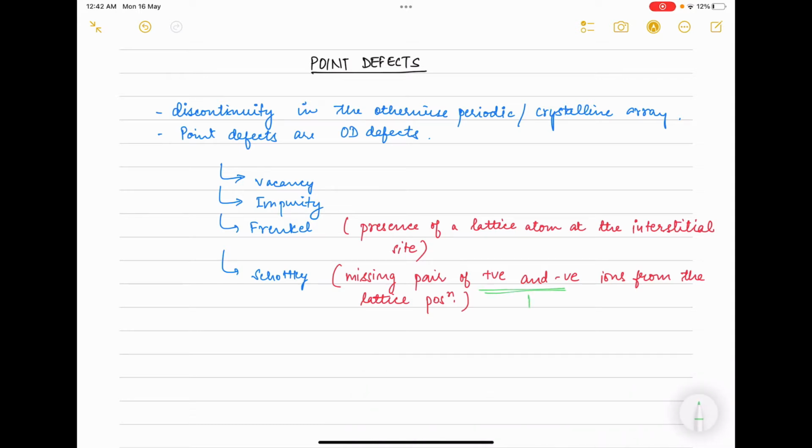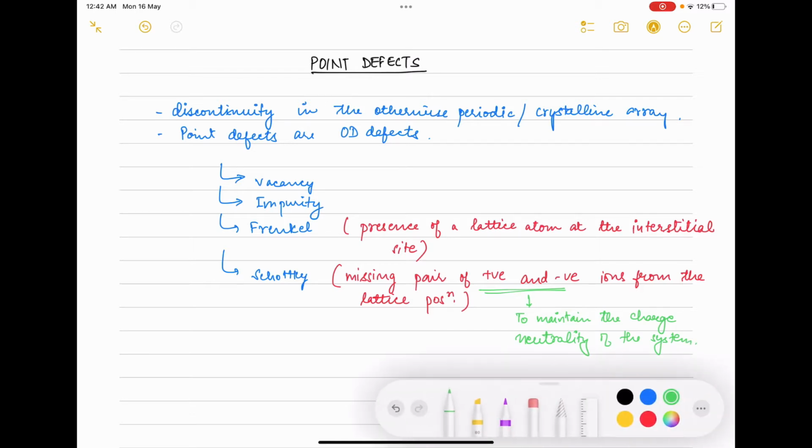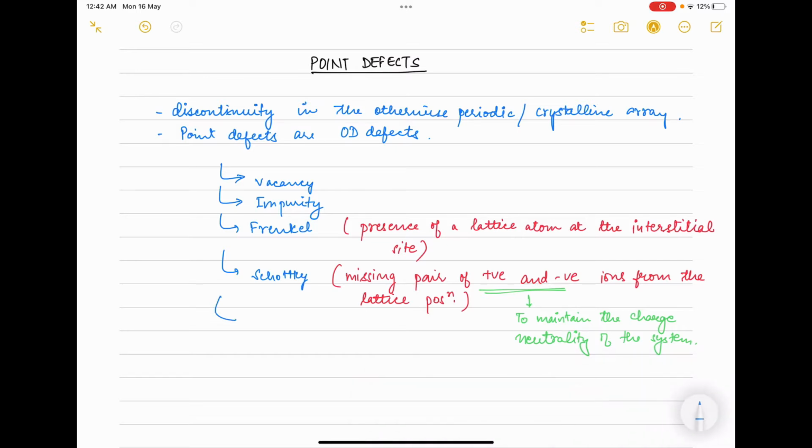To maintain the charge neutrality of the crystal. That is, charge should remain unchanged. Okay. Other is interstitials. As the name suggests, they are the presence of atoms at the interstitial sites, and then anti-sites.